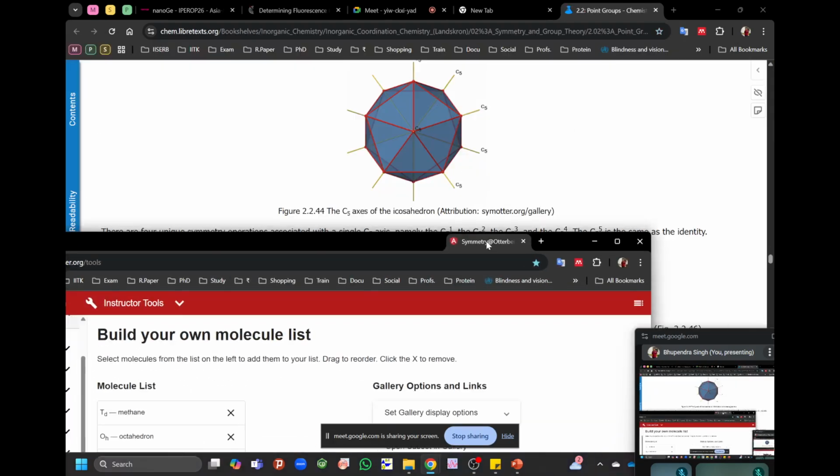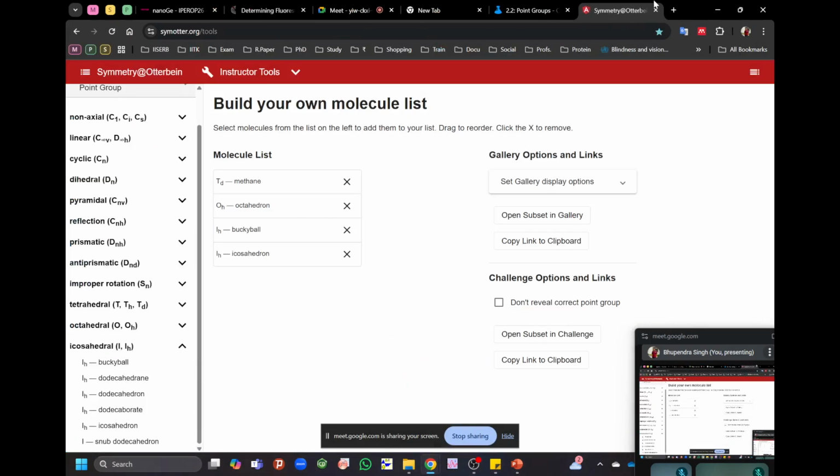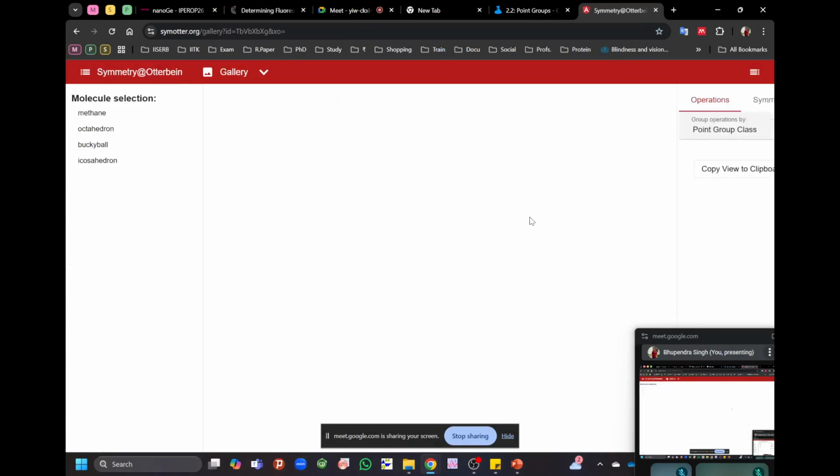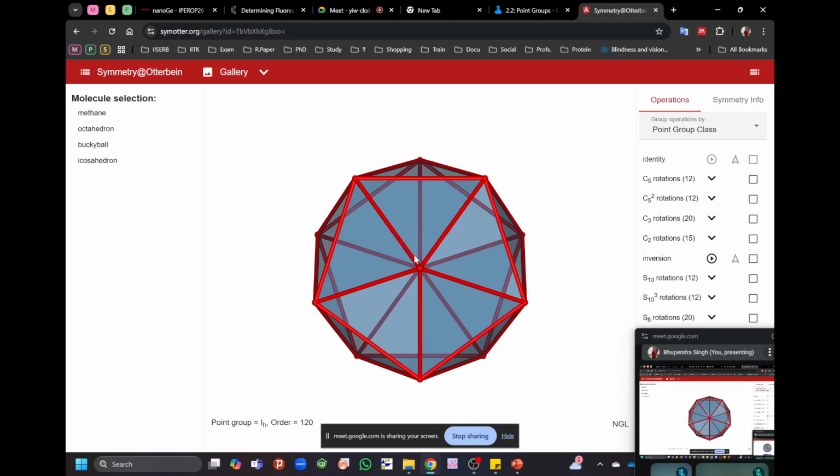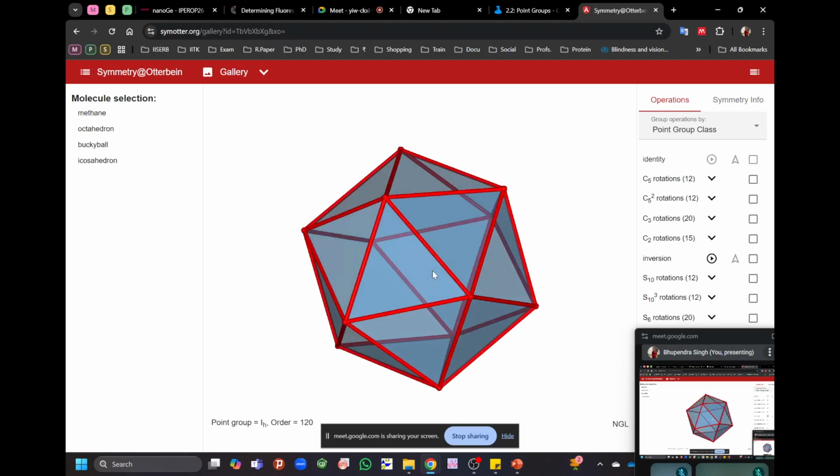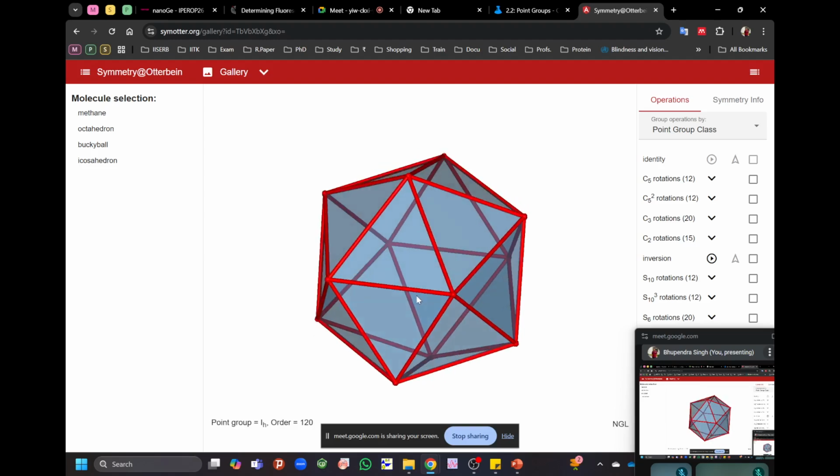Icosahedron. Okay, nice. It actually looks like this.